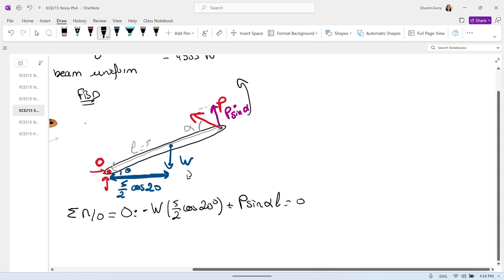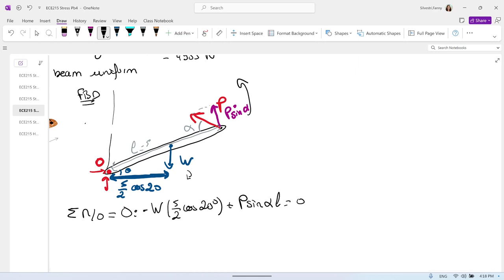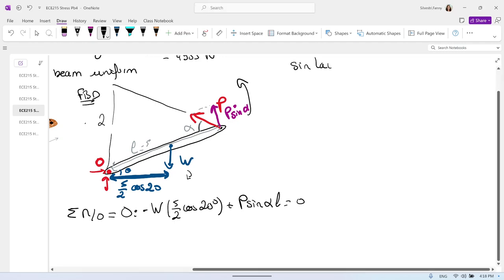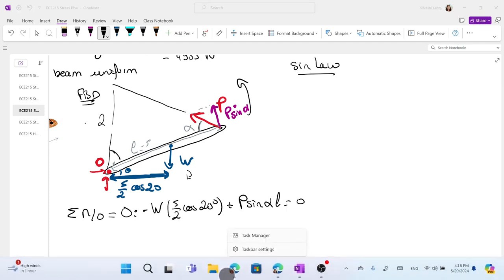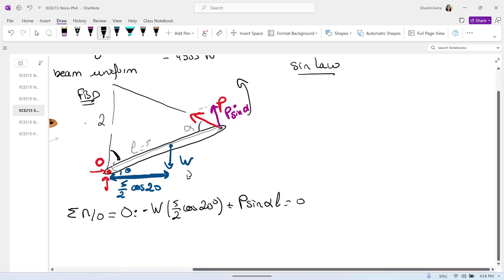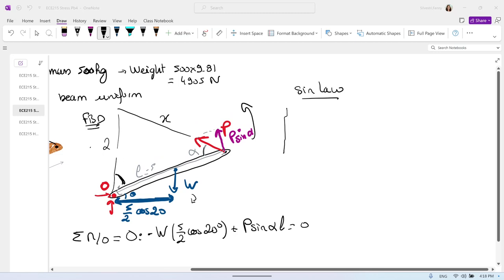Okay, so I want to find this angle alpha. We are missing one distance there, that is 2. To find angle alpha, we would love to do a sine law. For the sine law, we will need the opposite angle, and the distance on the opposite angle.